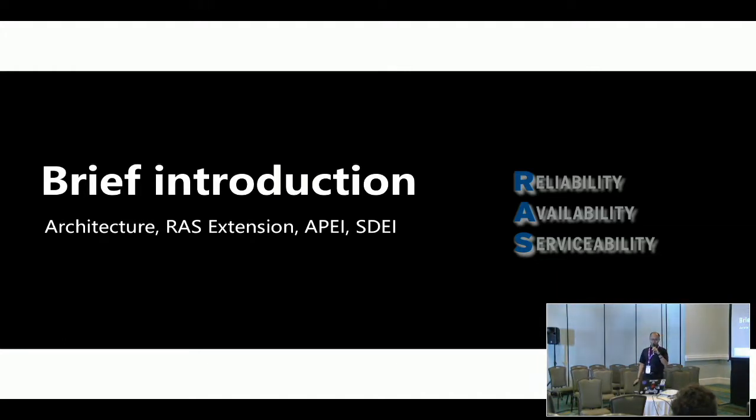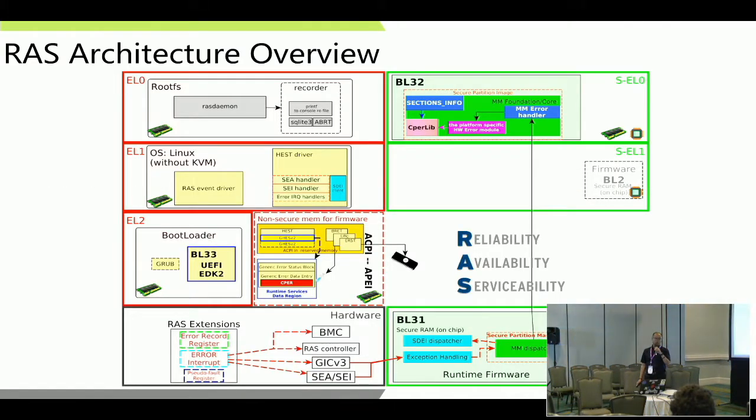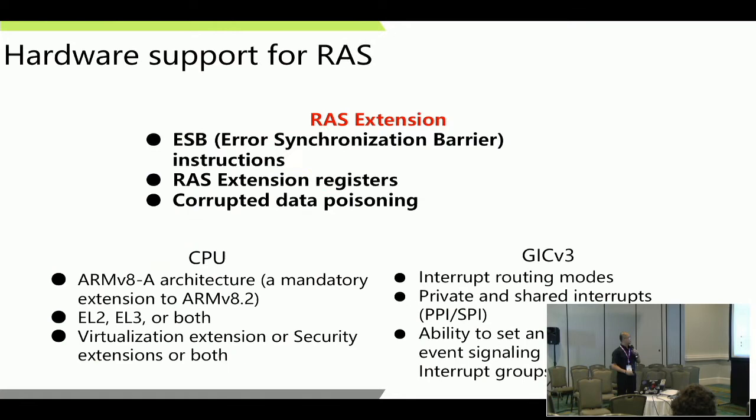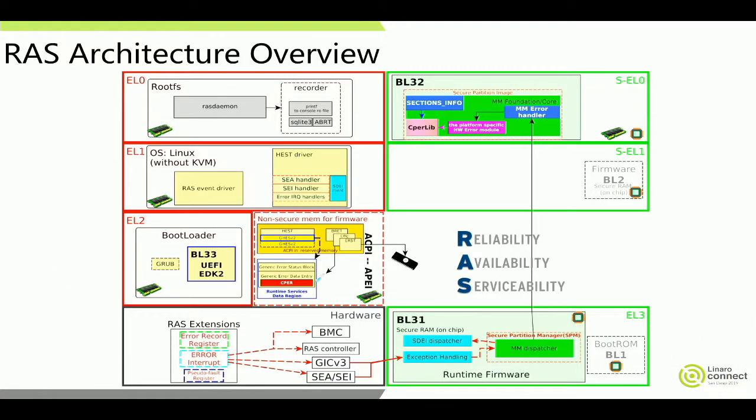This is the overview of all the components. It looks a little bit complicated. Yes, it requires all kinds of components from the hardware to the application layer, so I will introduce all the details here.